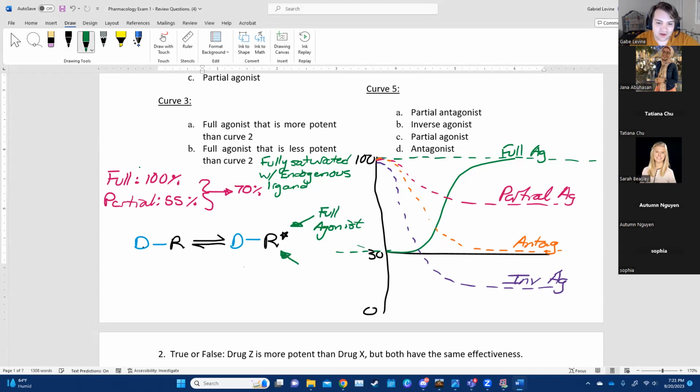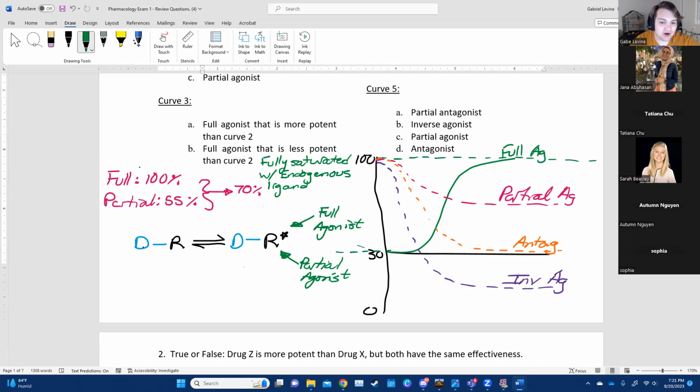Partial agonists also push this, but the ratio, the affinity for the active receptor versus the inactive receptor, is much smaller than the ratio for the full agonist.